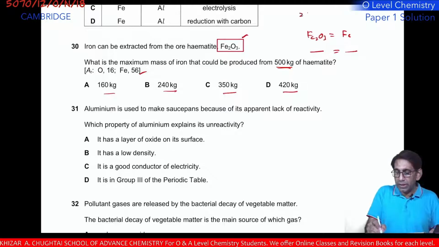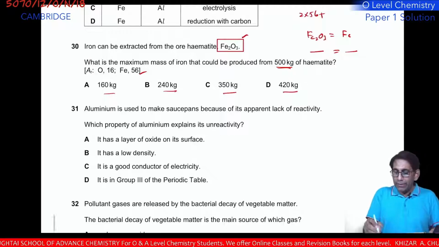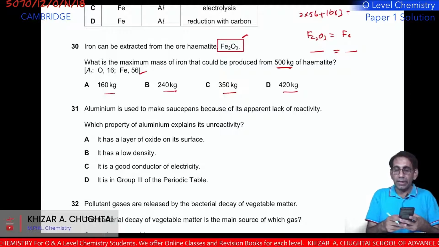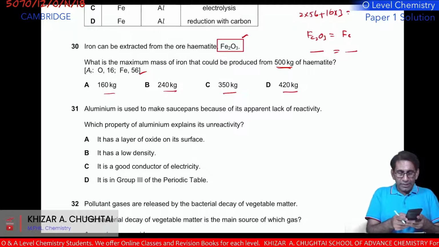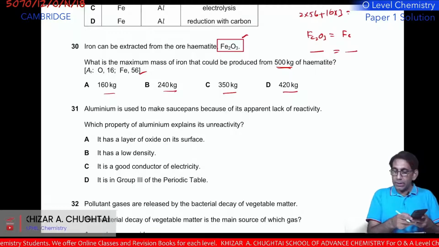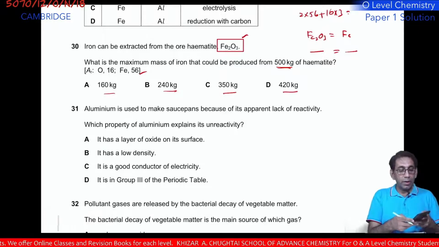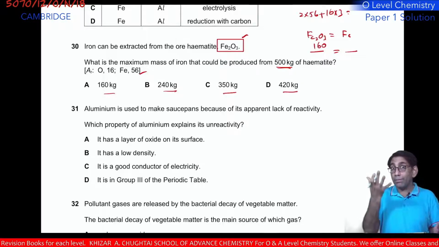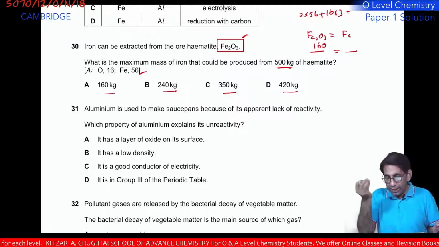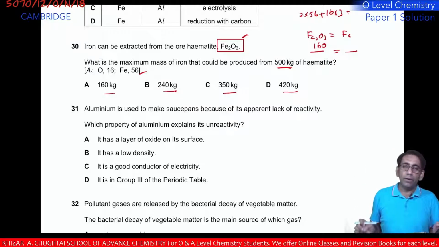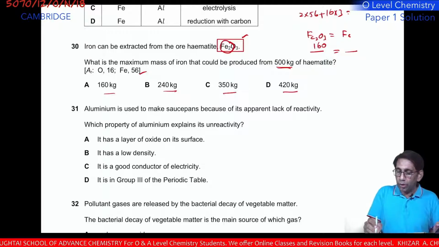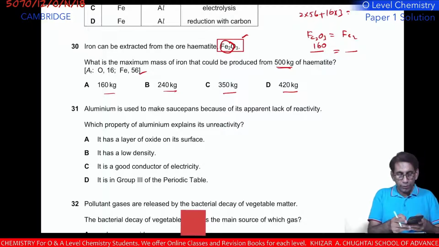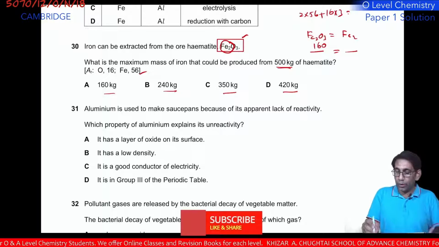Fe is 56: 2 times 56 plus 16 times 3, which is equal to 160. So for 160 g of Fe2O3, how much iron will there be? The iron is Fe2, so 56 times 2, that is equal to 112.